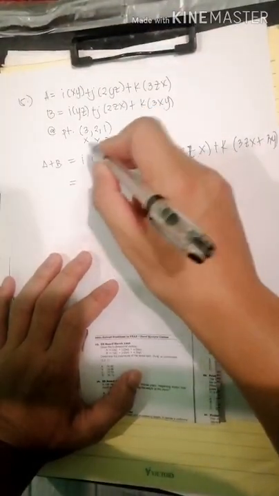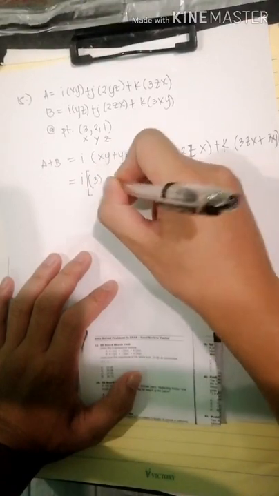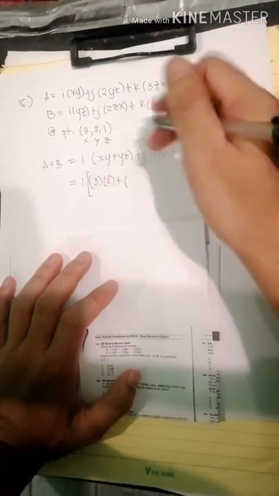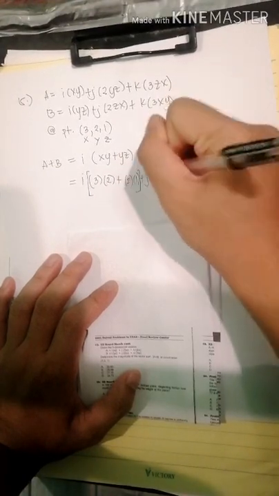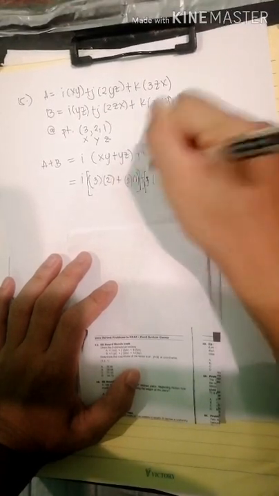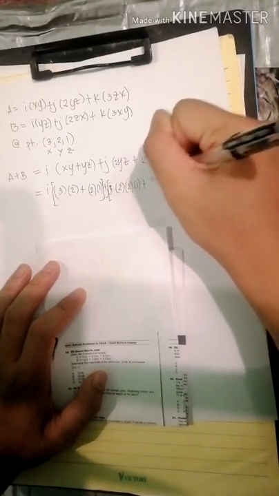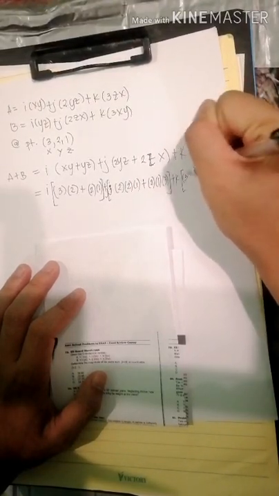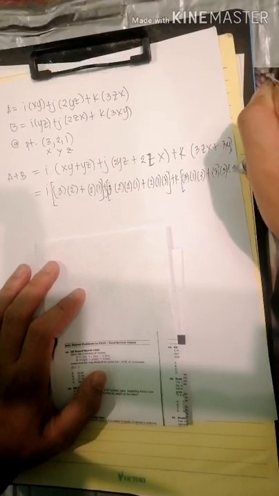Substitute the values: i times (3 times 2 plus 2 times 1), j times (2 times 2 times 1 plus 2 times 1 times 3), k times (3 times 1 times 3 plus 3 times 3 times 2).